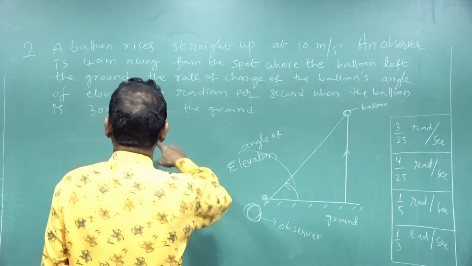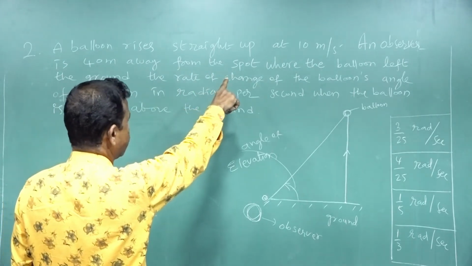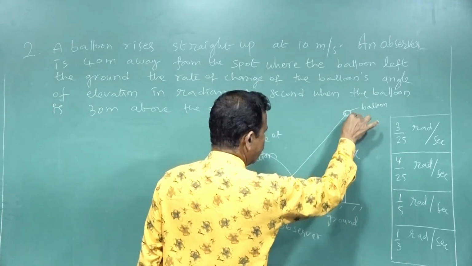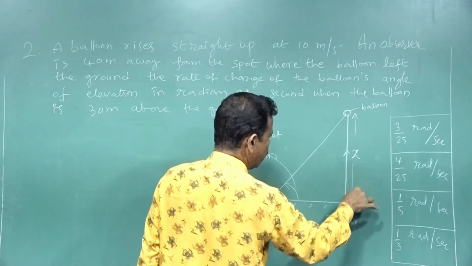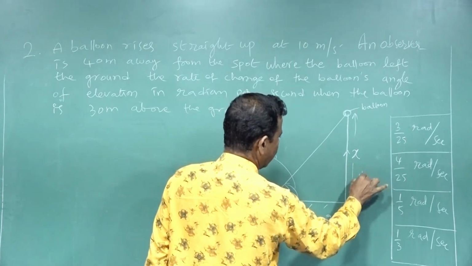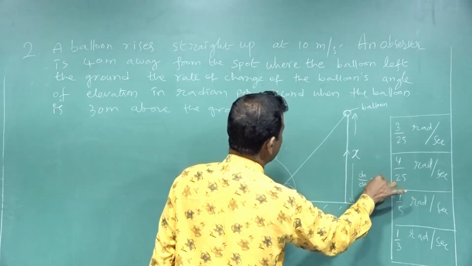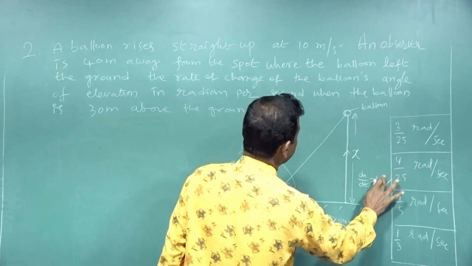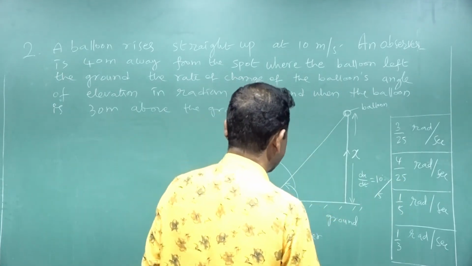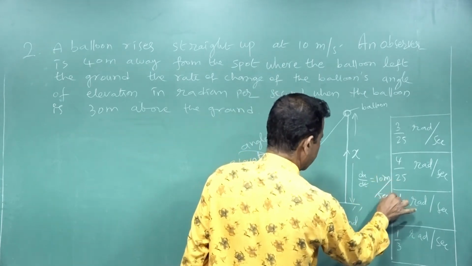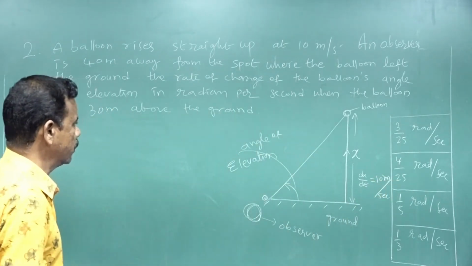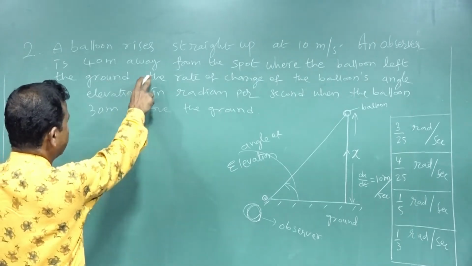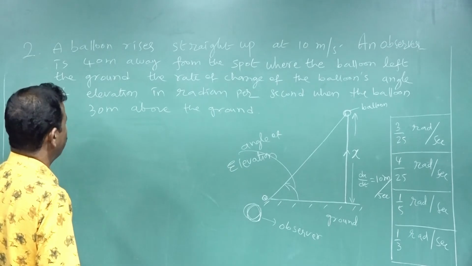Next, a balloon rises straight up at 10 meters per second. So let this be the height x. This speed is given, dx by dt is equal to 10 meters per second. Then the observer is 40 meters away from the spot where the balloon left.